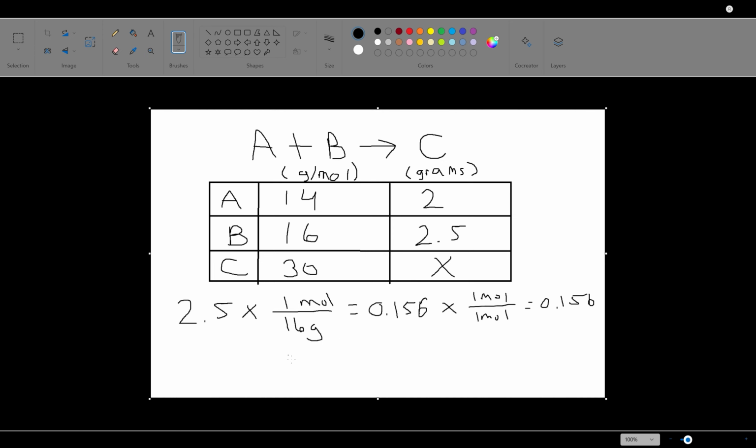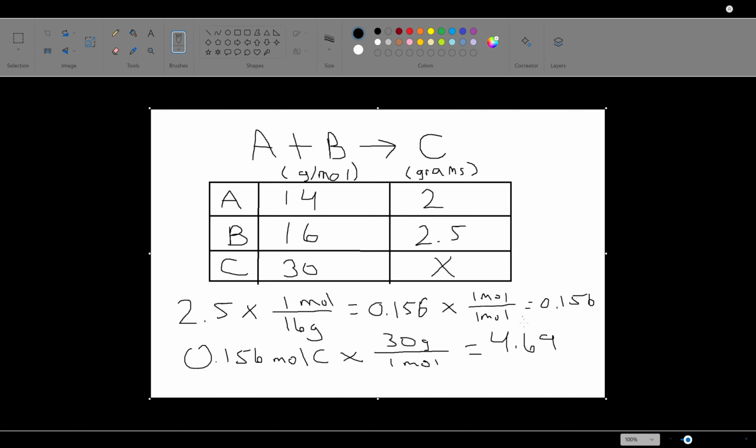And now we just gotta multiply this molar amount by 30 grams from the table. So multiply by 30 grams over 1 mole. The moles cancel each other out, and we're left with grams. We do this by 30, and it's 4.69.